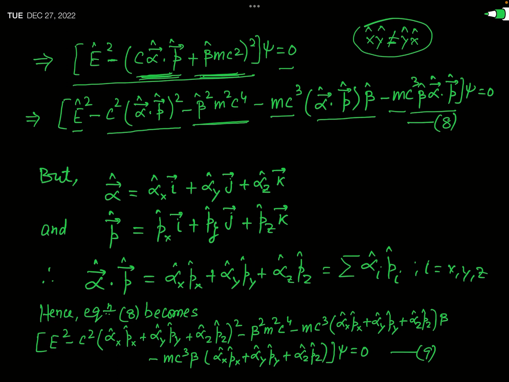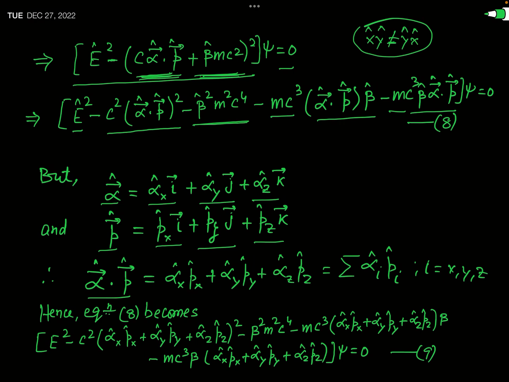Now, as you know, this alpha hat is a vector operator. In Cartesian coordinates, you can write it in terms of the operators associated with its Cartesian components: alpha hat equals alpha x i plus alpha y j plus alpha z k. Similarly, the momentum operator p hat can be written as px hat i plus py hat j plus pz hat k. And so what will alpha dot p be?